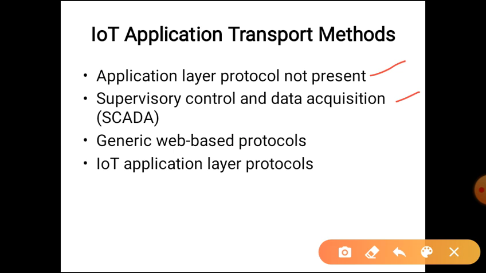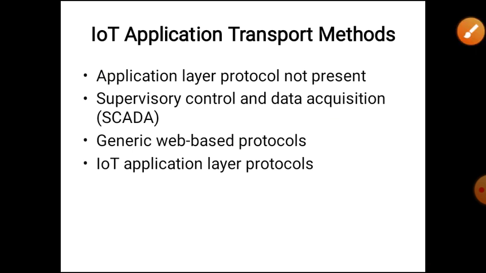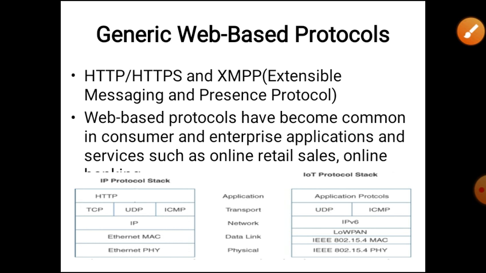What those adaptations are, we saw in the previous video. In today's video, we are going to see the next two categories, that is, generic web-based and IoT application layer protocols.